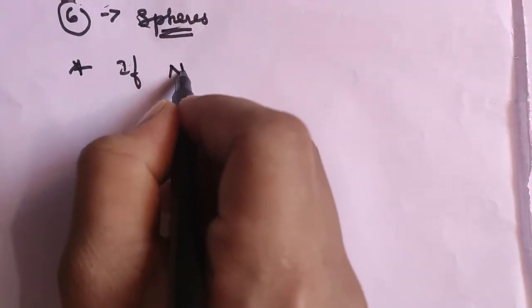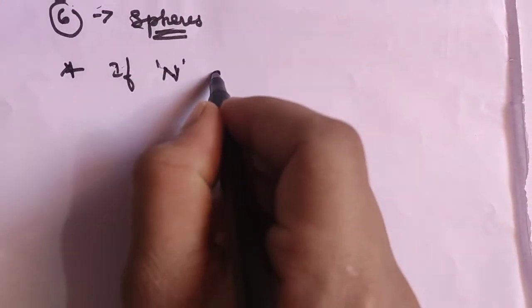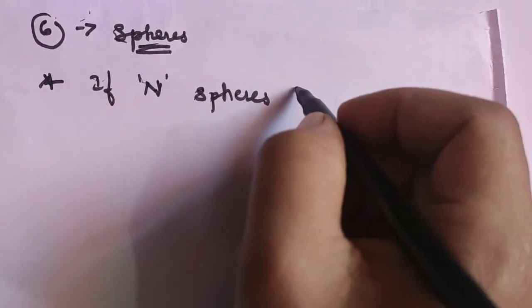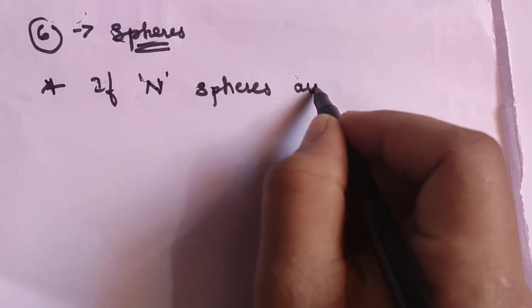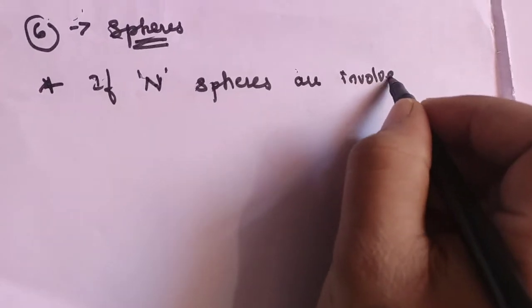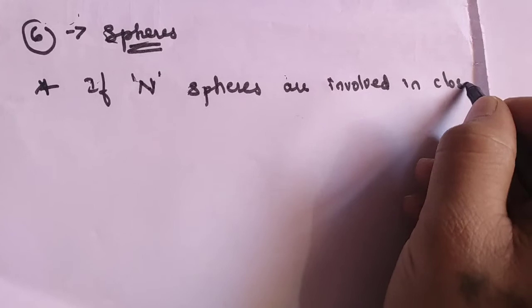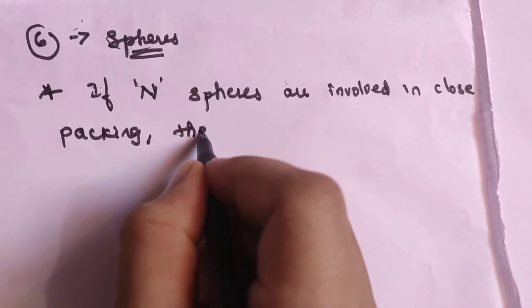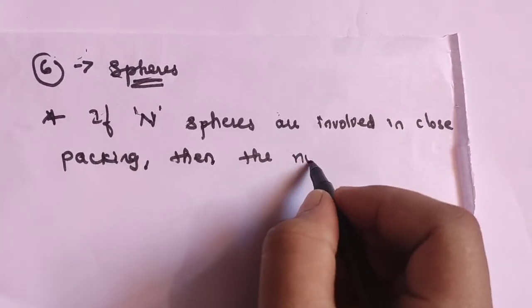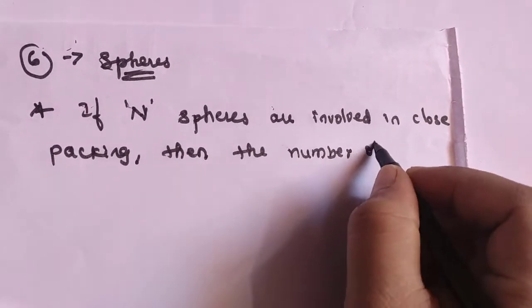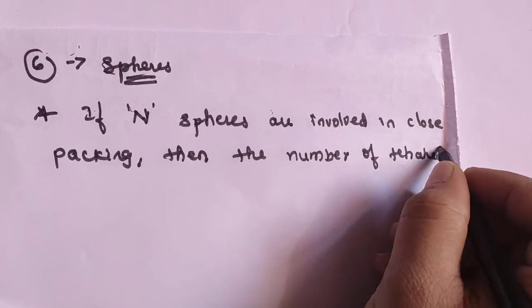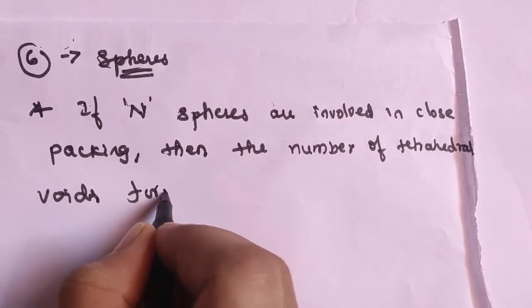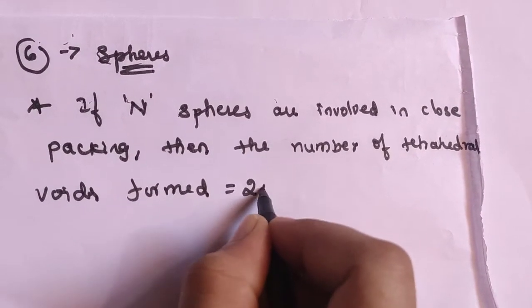If n spheres are involved in close packing, then the number of tetrahedral voids formed is equal to 2n.